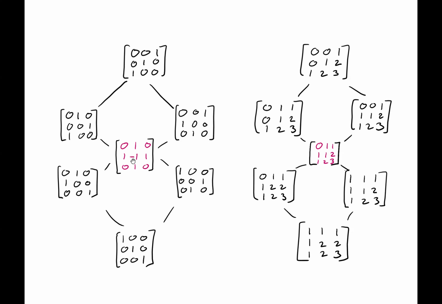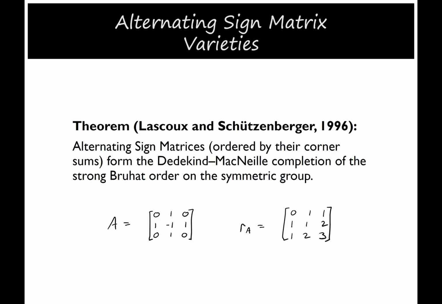And what was missing in the middle was really our alternating sign matrix. That's not a permutation matrix. So this was the theorem of Lascoux and Schützenberger. Sorry, this title, I think I wanted poset of alternating sign matrices, but the varieties are coming.